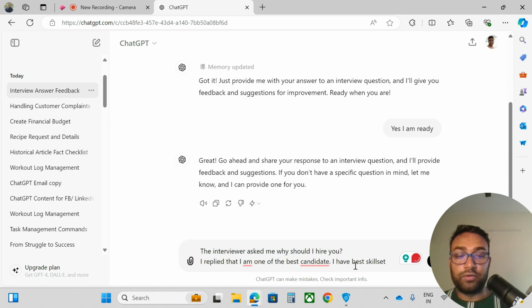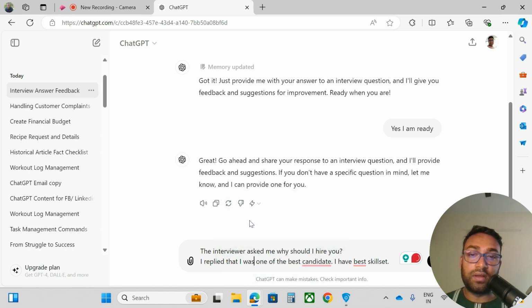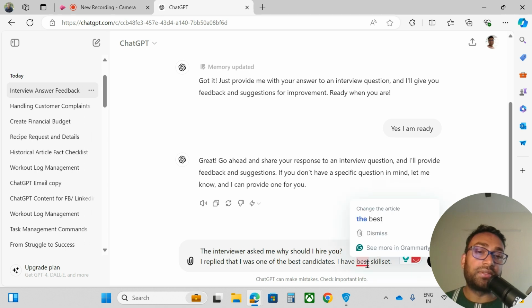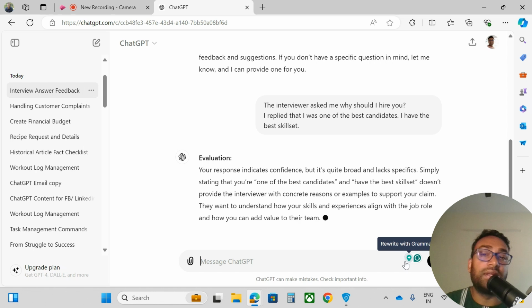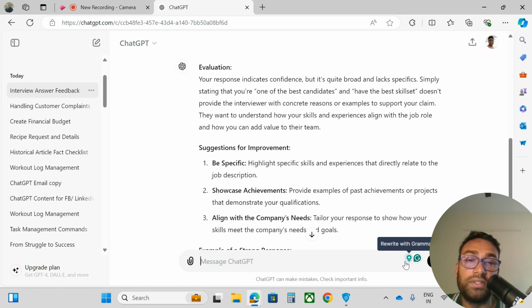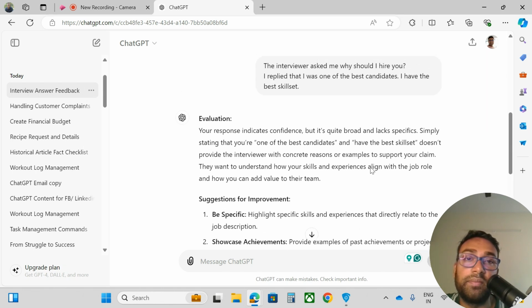For example, for your case it might be different. So I replied that I was one of the best candidates and I have the best skill set. Now you tell ChatGPT that the interviewer asked me this and I said this, and whether it is good or bad, you explain or suggest to me.